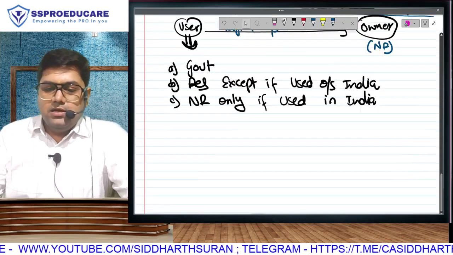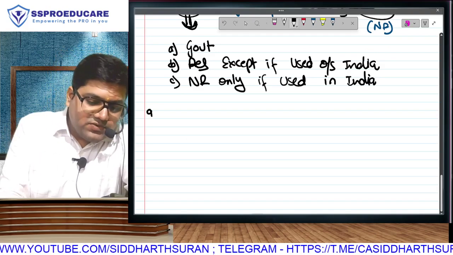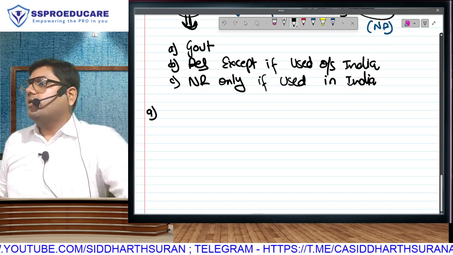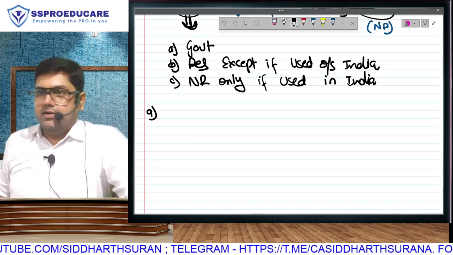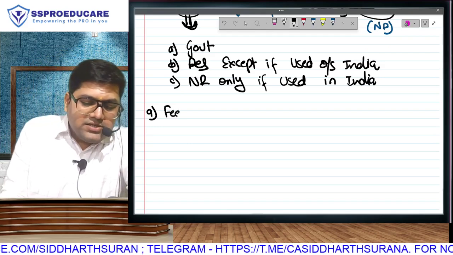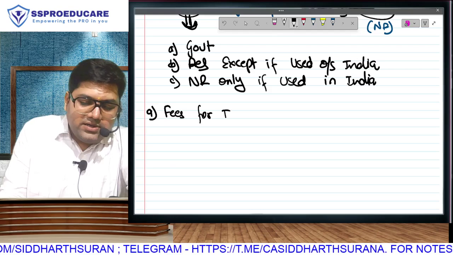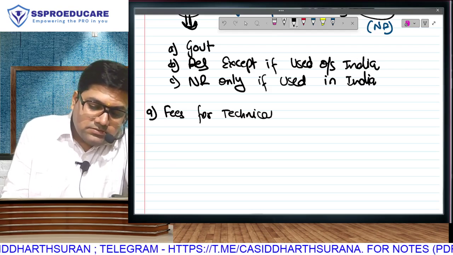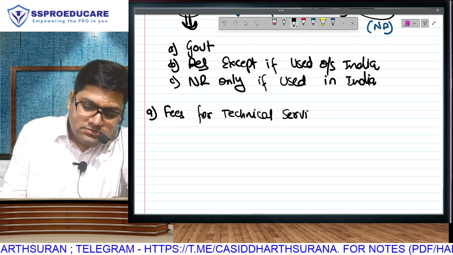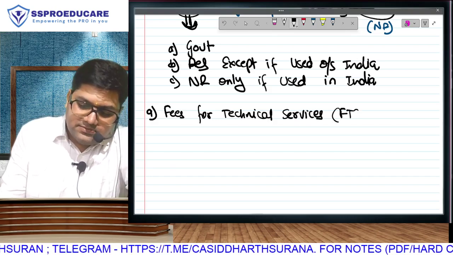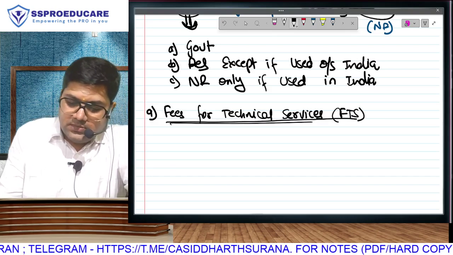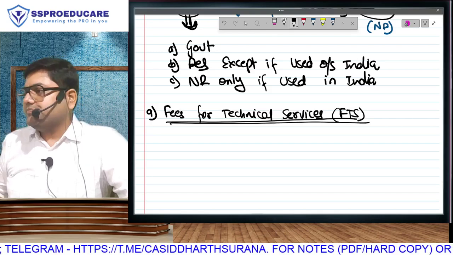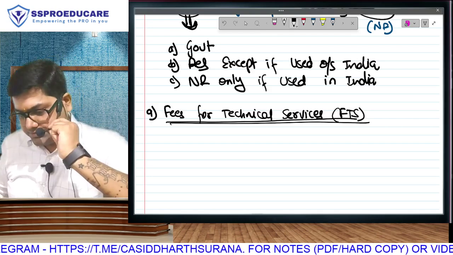Is this clear? This, ladies and gentlemen, brings us to the last point of incomes deemed to be Indian incomes. Income in the nature of fees for technical services. FTS. Fees for technical services, that is FTS.